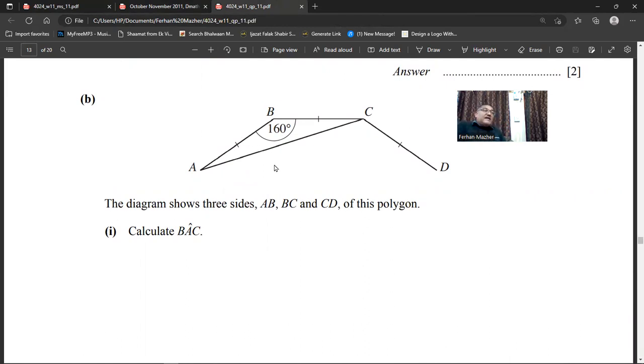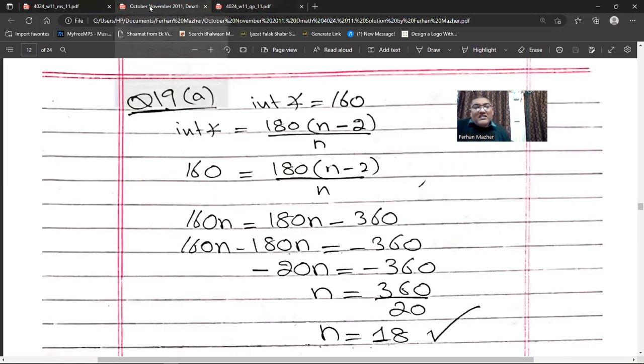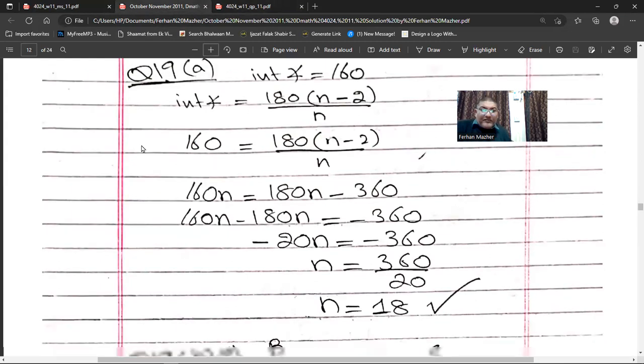So this triangle is an isosceles triangle. Because these two sides are equal, the angle at A and the angle at C are equal to each other. Let me say this is alpha, this will be also alpha. So alpha plus alpha plus 160 equals 180.